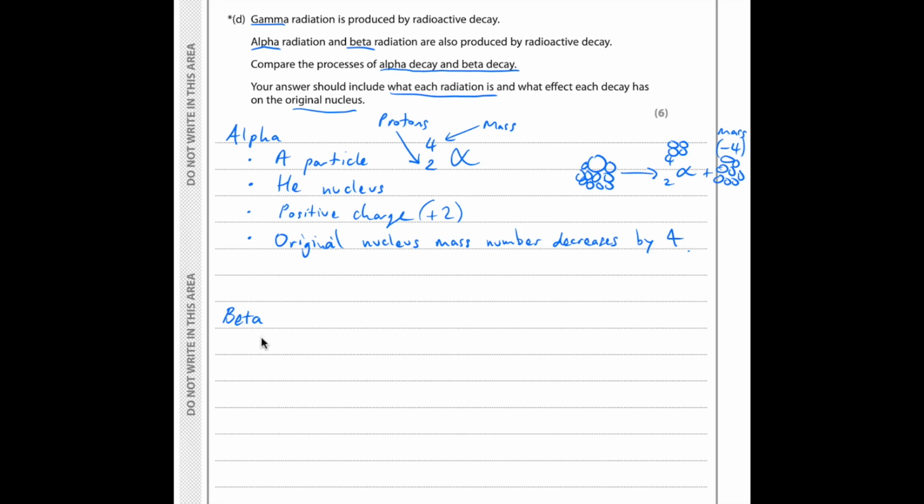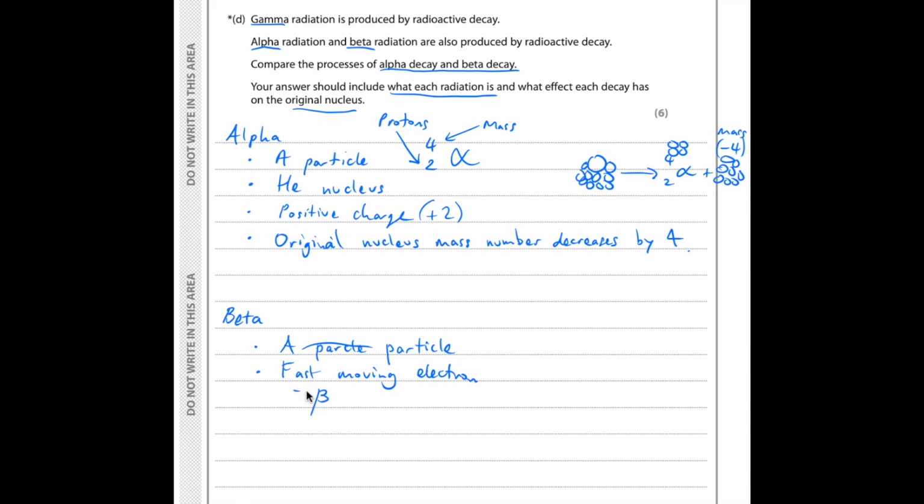Right, what if a nucleus gives off beta? Well, beta is also a particle. It's a fast-moving electron, which is basically the beta.